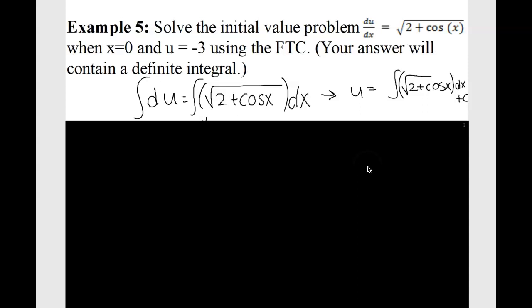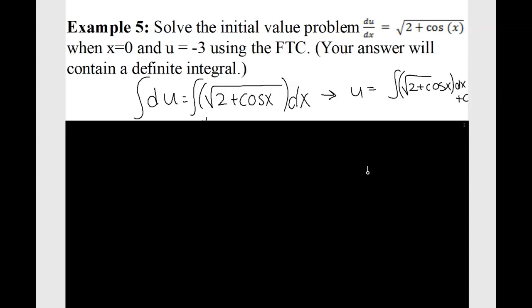All right. So again, isolating, getting that initial value problem by itself, you get du equals blah, blah, blah, blah, blah, dx. Now, the idea is that if you are anti-deriving that, then we end up getting u equals blah, blah, blah plus c.